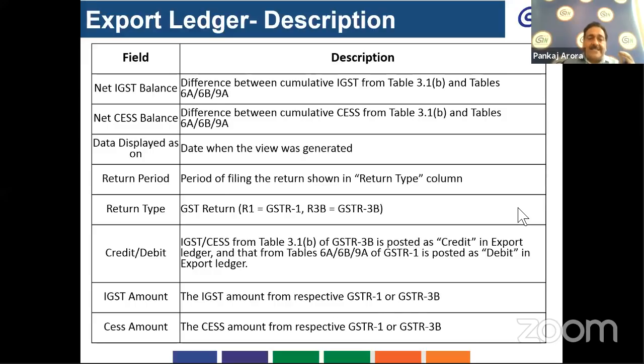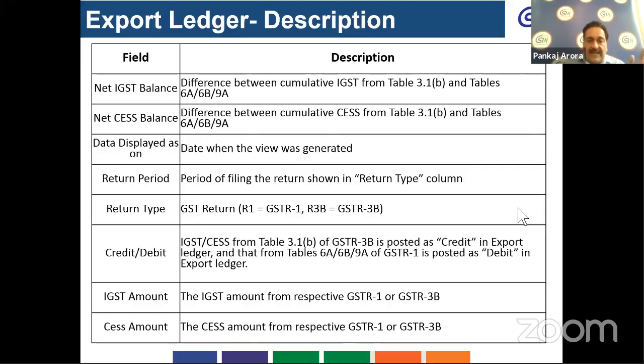Credit means the actual tax paid by you in form GSTR3B, and debit means the actual tax liability which has been declared by you while entering the details in table 6A, 6B and 9A of GSTR1 till date, accumulated in all the returns GSTR1 filed by you.